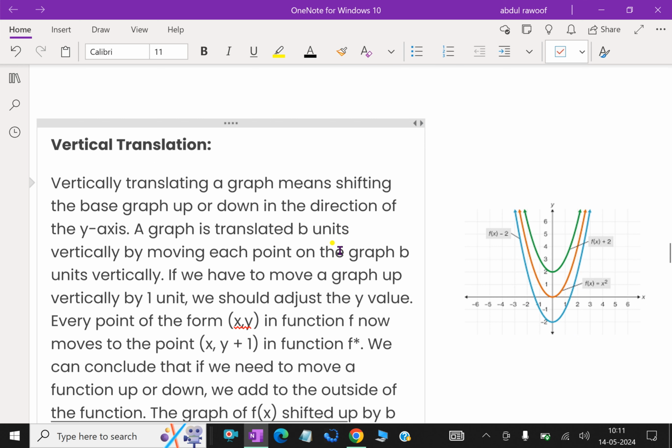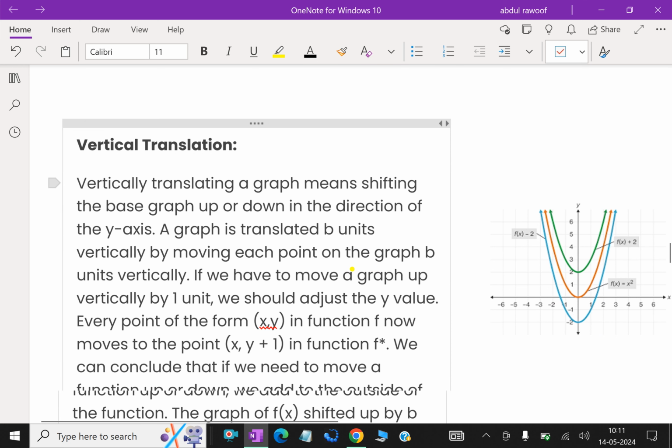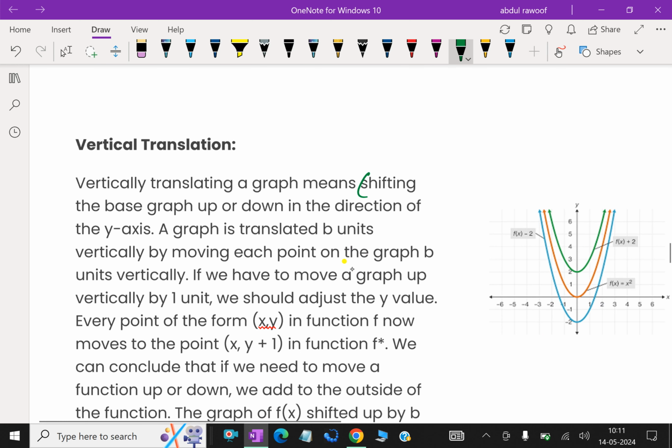Vertical translation. Vertically translating a graph means shifting the base graph up or down in the direction of the y-axis. The graph is translated b units vertically by moving each point on the graph b units vertically.